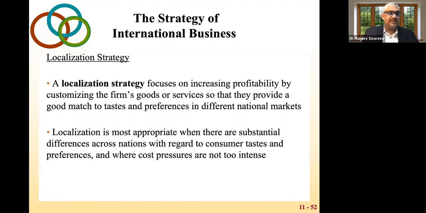So what happens here, you want to really customize your product to that particular market. An example is MTV, right? So MTV, Music Television, is an American company. They went to Europe, right? But when they went to Europe, they failed. They failed because they were providing all American music. So people in Europe, they speak a lot of languages: Italian, French, German, Polish, British, which is English, right?